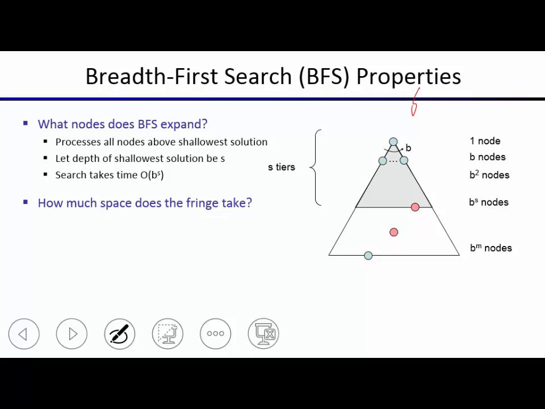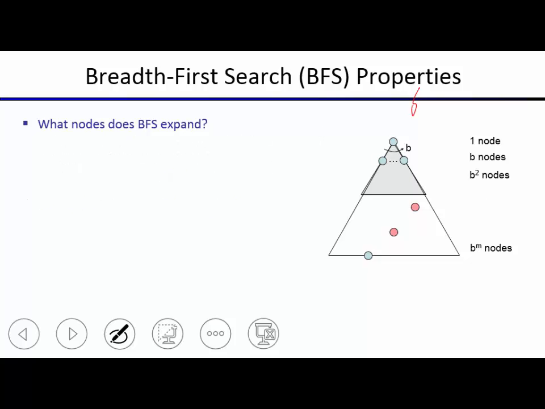Okay, so what is sitting on the fringe at any given time? Let's say you are in this tier over here. What's sitting on the fringe right now? All nodes at this level are sitting on the fringe. And as you work your way down tier by tier, essentially you'll get something where at the next stage you'll have a fringe that looks roughly like this, and so forth.